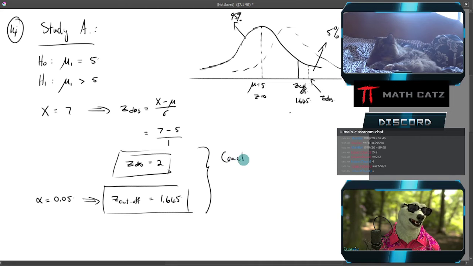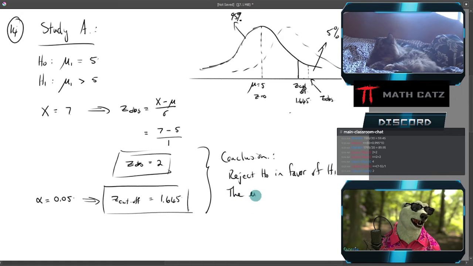So let's write our conclusion here. Our conclusion is to reject the null hypothesis in favor of the research hypothesis. And we can say a little bit more.